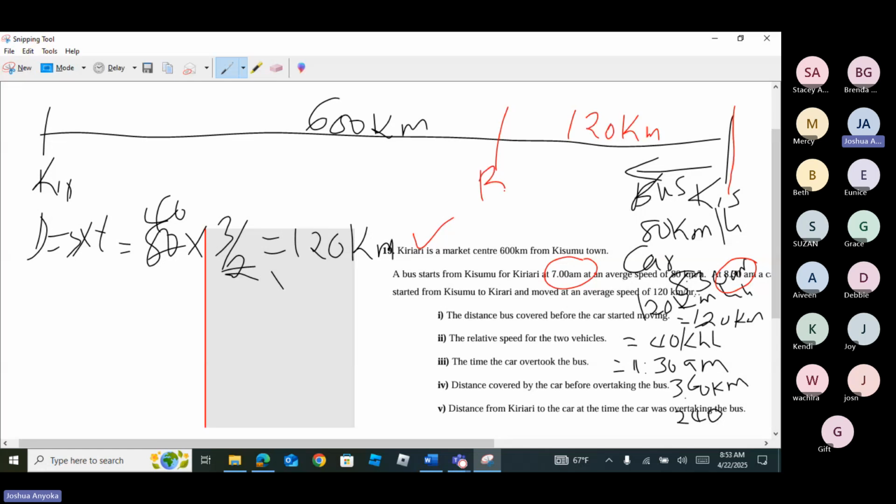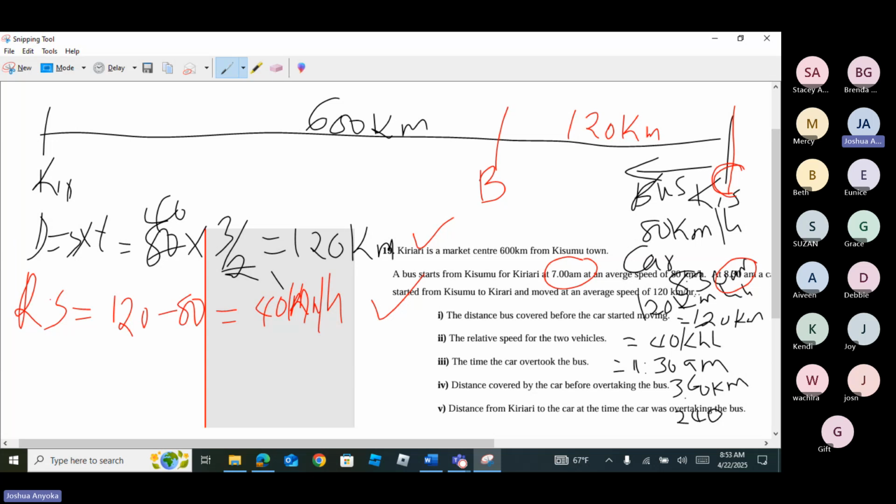Now our bus is here and our car is at Kisumu. The relative speed for the two vehicles: they are moving in the same direction, so relative speed is equal to 120 minus 80, which gives us 40 kilometers per hour. We are still okay with that.